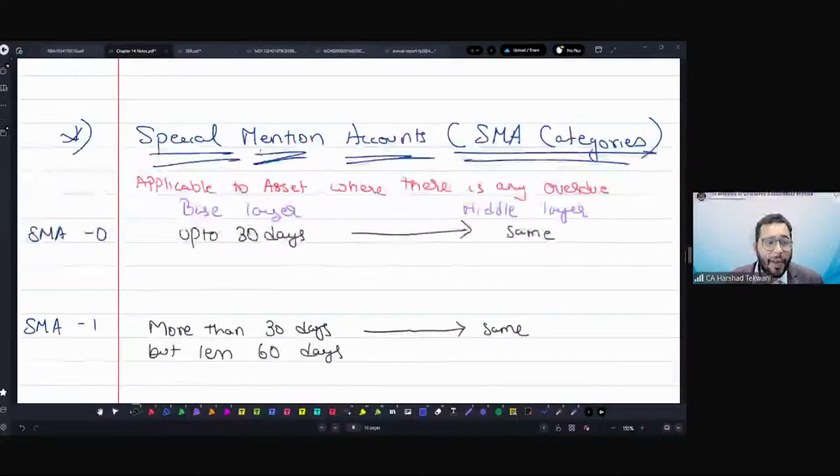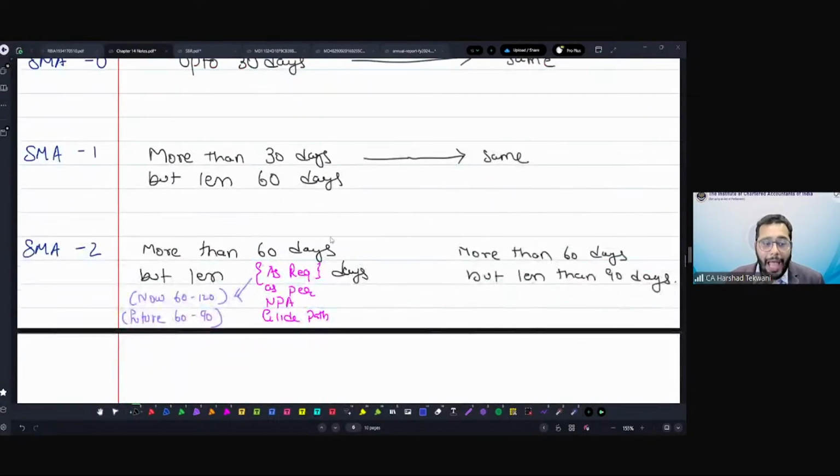Now why is this required? As I said, I'm not required to wait till it becomes an NPA. Once I classify these as SMA 0, SMA 1, SMA 2 accounts, there are regulations on what the bank is required to do for follow-up or recovery of the overdue amount from that borrower.